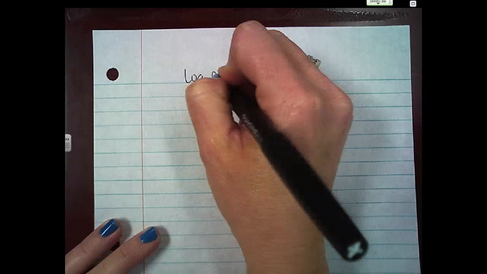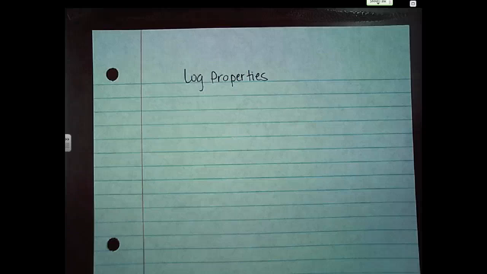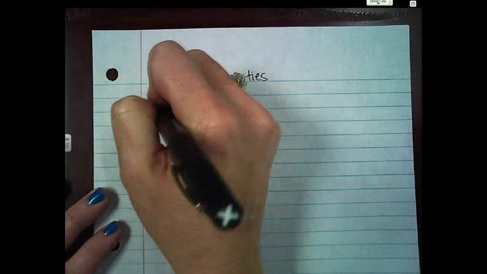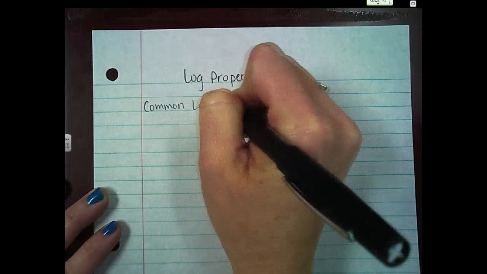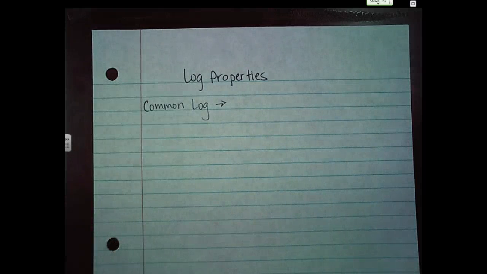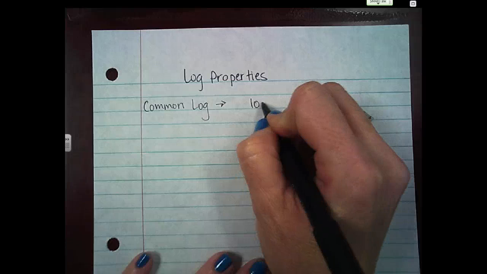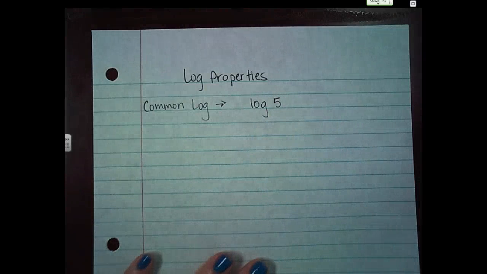Today we're going to talk about logs and log properties. We talked about this already before, but if we're going to talk about a common log, for example, if I told you log to the 5, what did we talk about yesterday when there's no log base written, what the base actually is? 10.